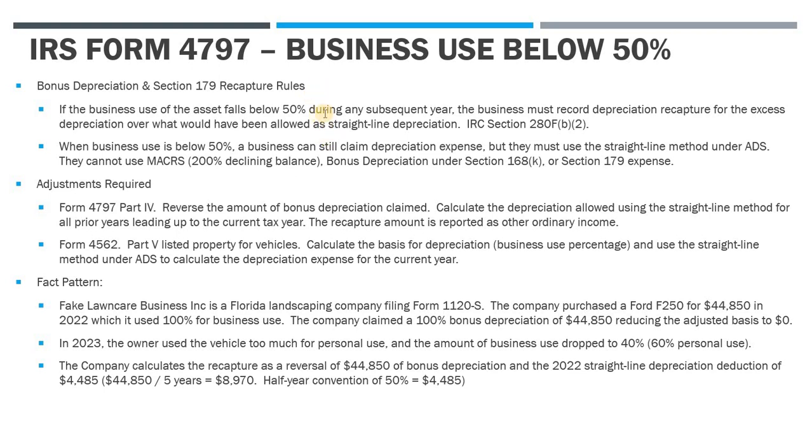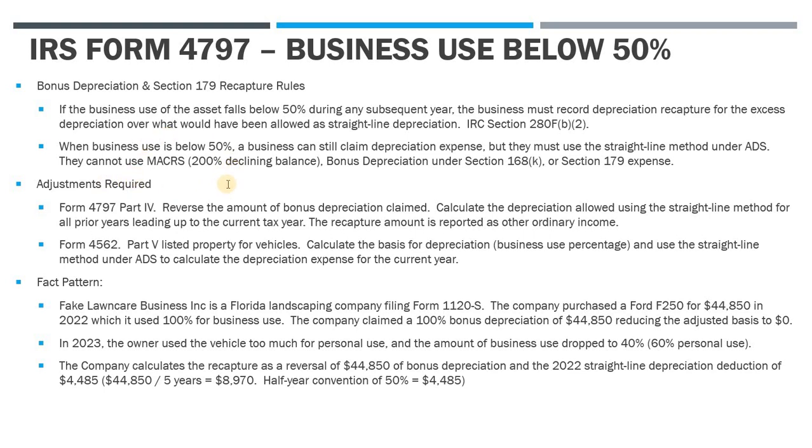So what often happens is a business will acquire new property, use it greater than 50%, and claim the bonus depreciation or the 179, and then in a subsequent year, business use drops below that threshold, and they have a recapture issue. Now, when business use is below 50%, businesses can still claim a piece of the depreciation expense, but they have to use the straight line method under ADS.